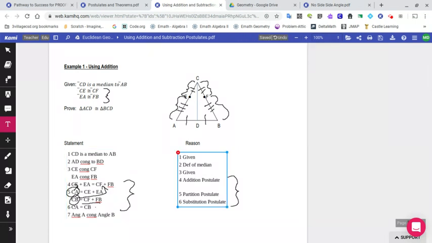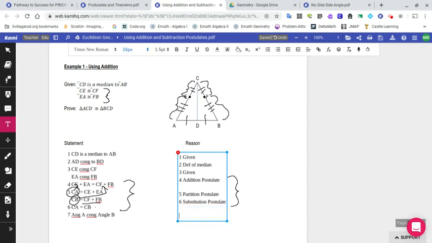Because, and I use this in the hypotenuse leg proofs, because in a triangle, the angles opposite congruent sides are congruent.